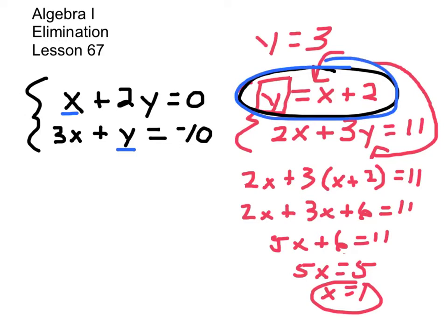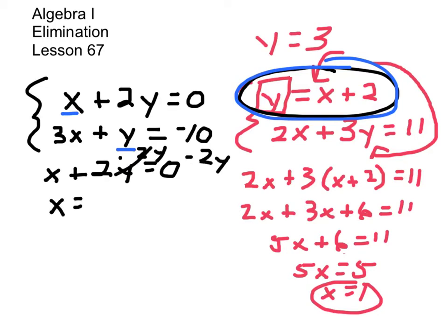I'm going to take the top one, and I'm going to solve x plus 2y equals 0 for x. So they're adding 2y, so I'm going to subtract 2y. We have 0 minus 2y. So x is equal to 0 minus 2y, which is negative 2y.